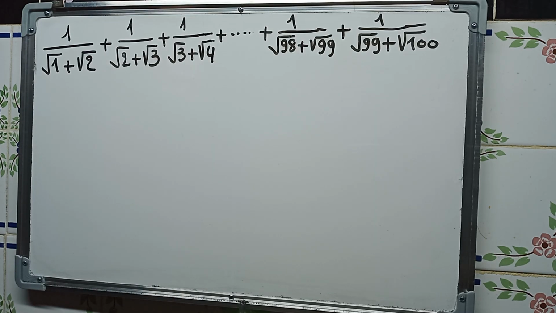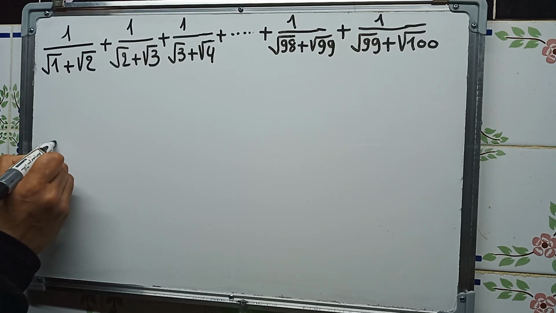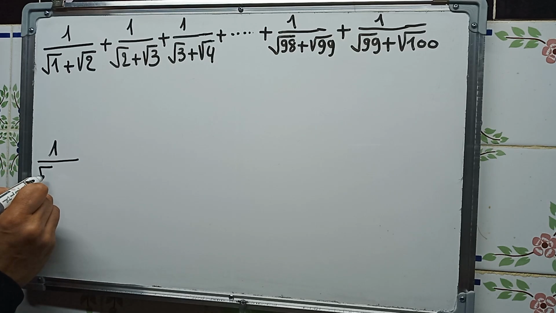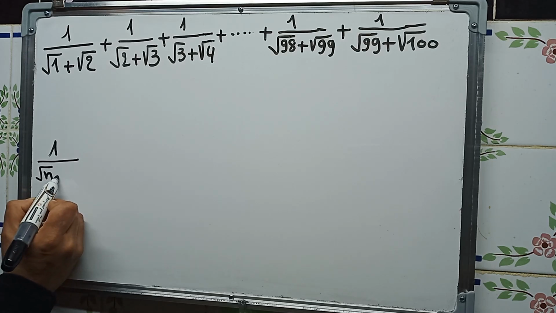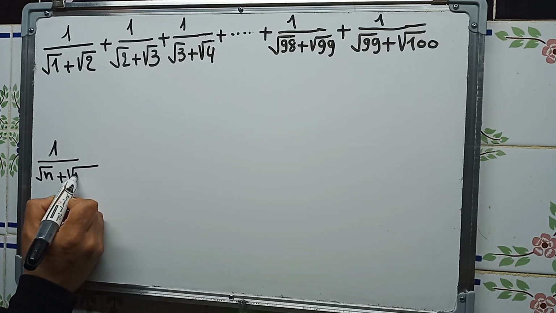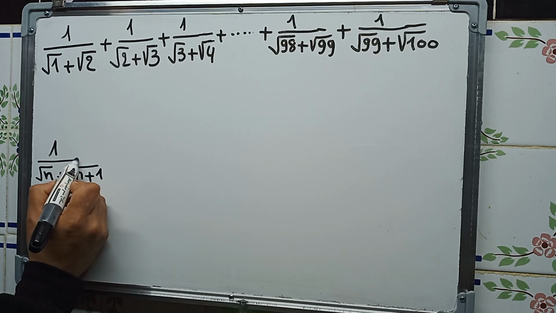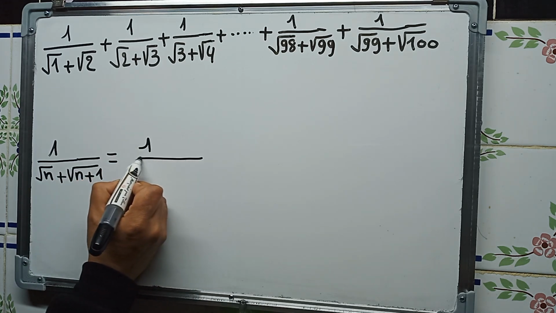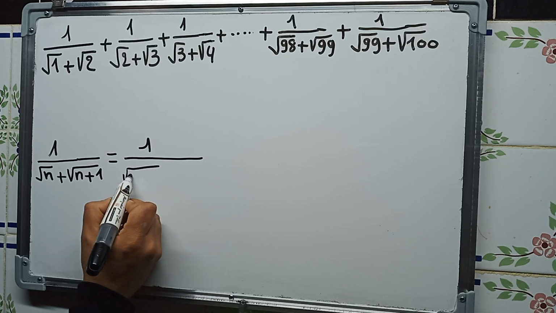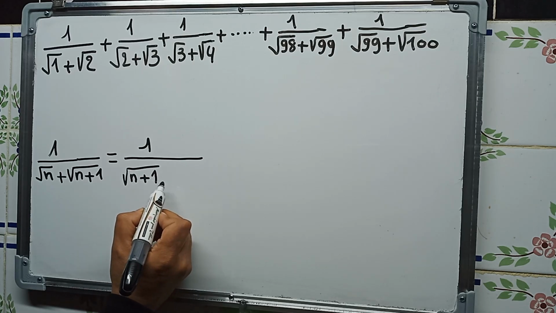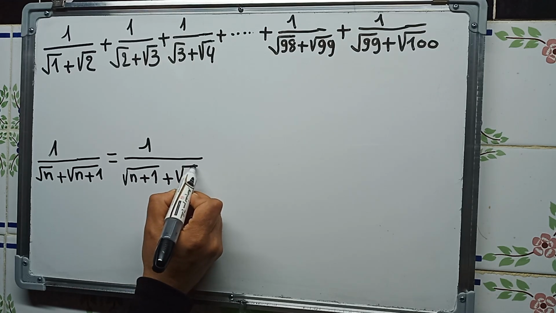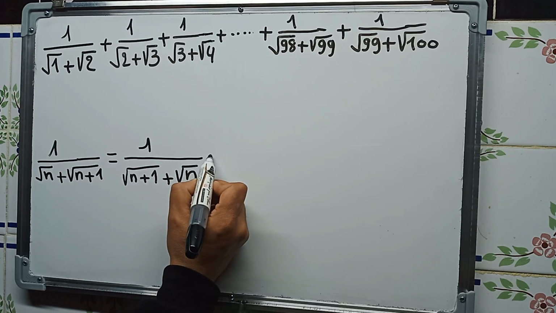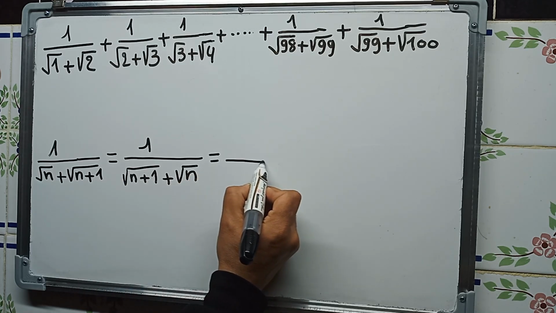Now let's calculate the second one. In the second one, the term has the form of 1 over square root of n plus square root of n plus 1, which is of course equal to 1 over square root of n plus 1 plus square root of n. Now let's multiply by the conjugate.